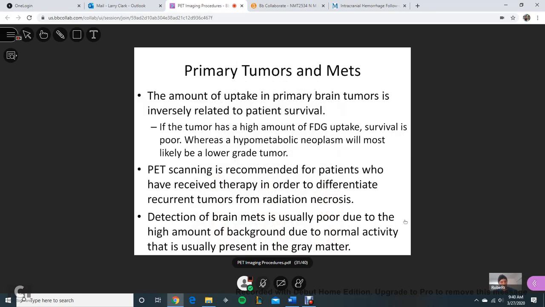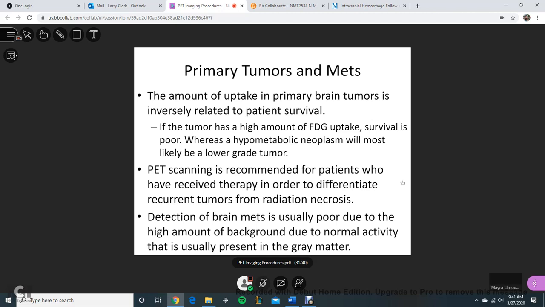Now this is primary tumors and METs. The amount of uptake in primary brain tumors is inversely related to the patient's survival. If the tumor has a high amount of FDG uptake, survival is poor, whereas a hypometabolic neoplasm will most likely be a low-grade tumor. PET scanning is recommended for patients who have received therapy in order to differentiate recurrent tumors from radiation necrosis.